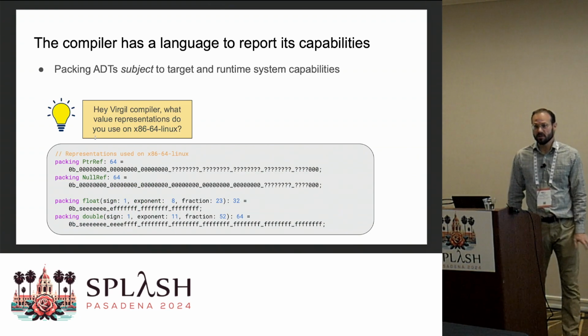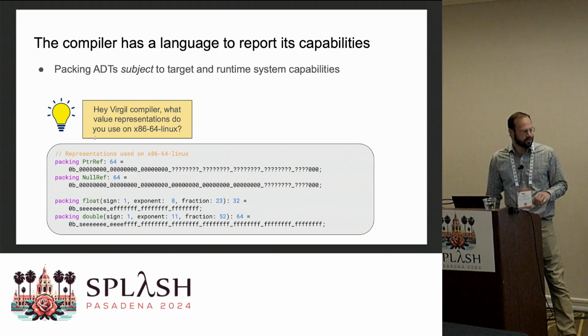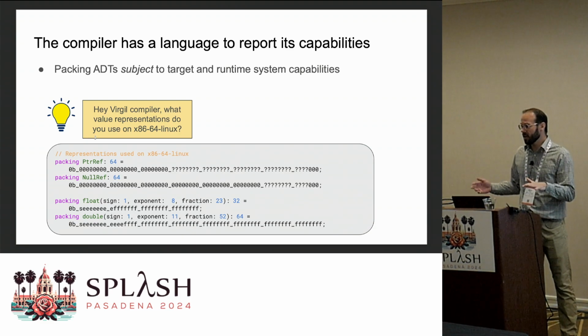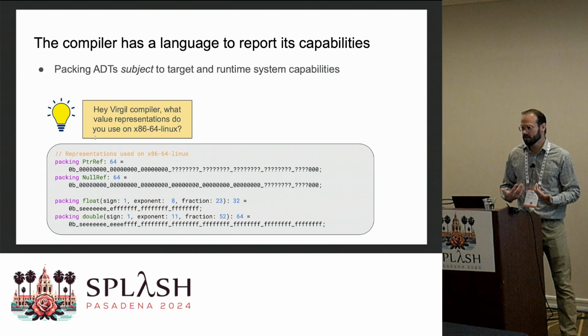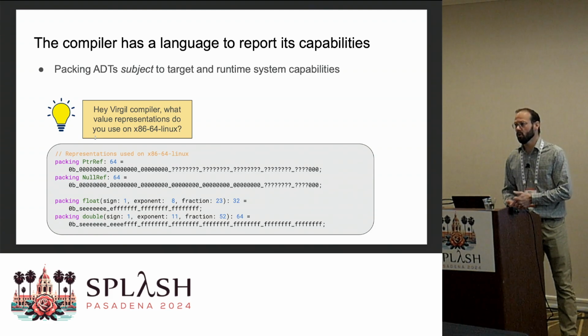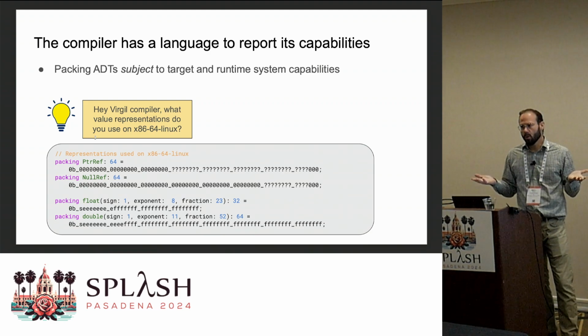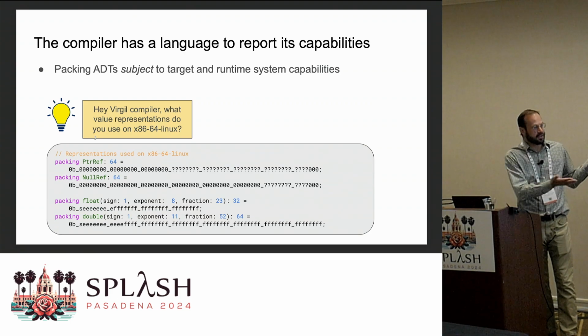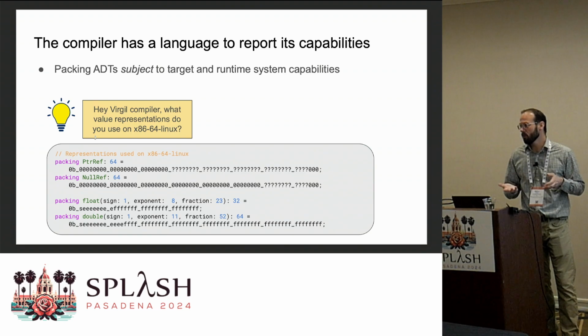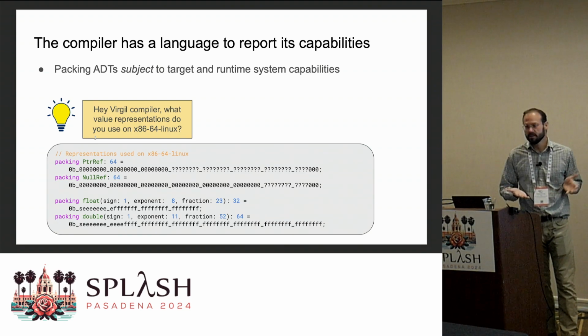But this language is also great because it's bidirectional too. I can write the packings that I want for my ADTs, but the compiler can also tell you what its packings are. So for example, I don't know what the target architecture is, but when I compile to x86-64 Linux, maybe I want to know what the runtime system does with pointers.